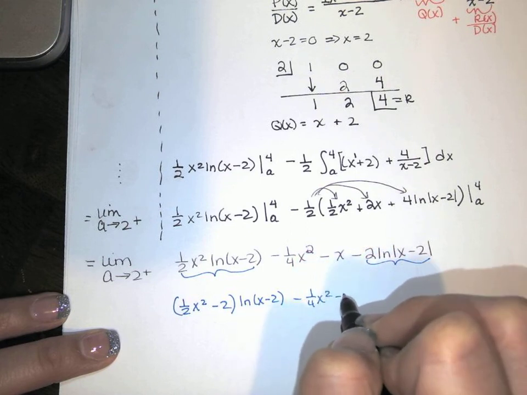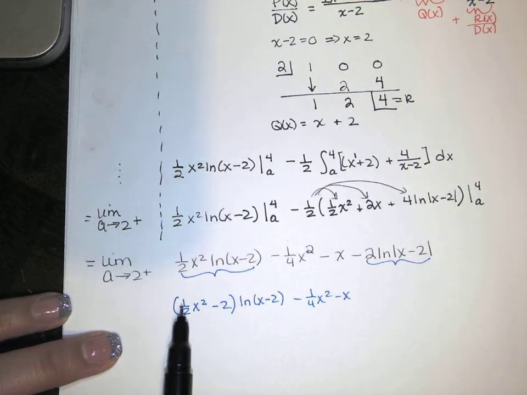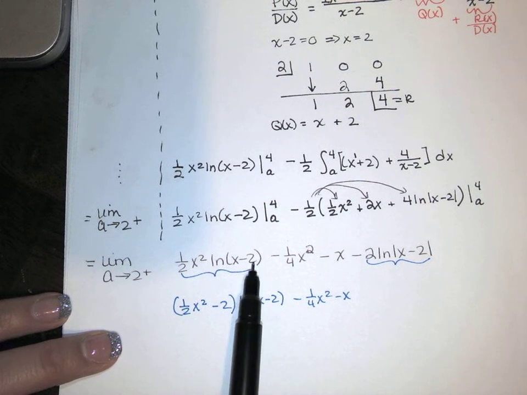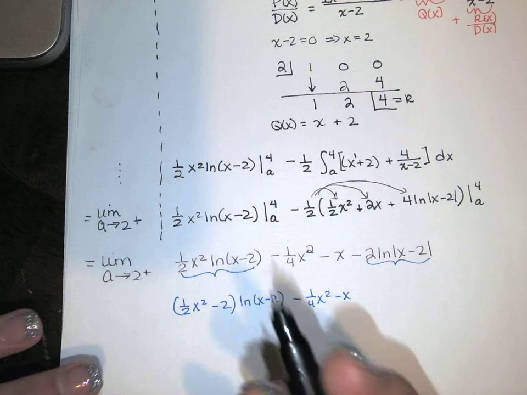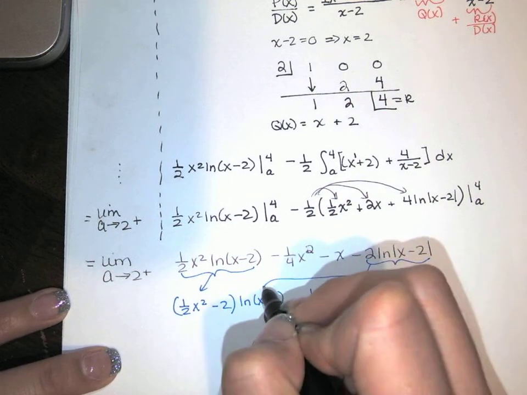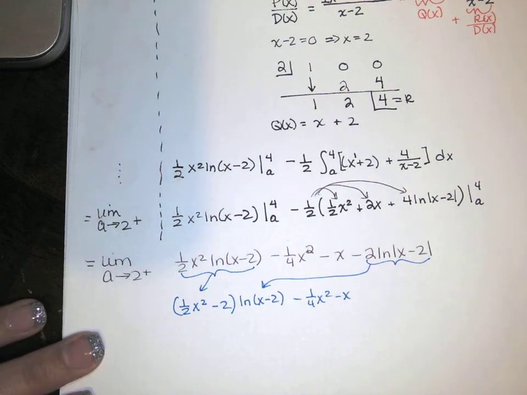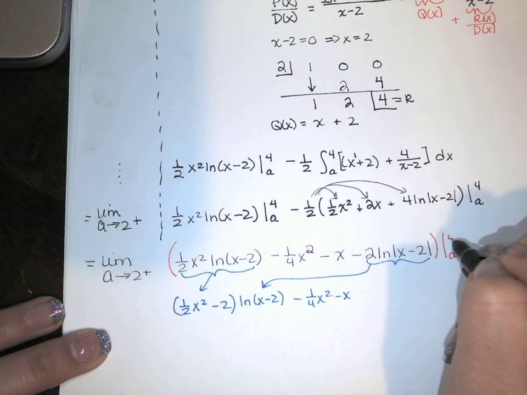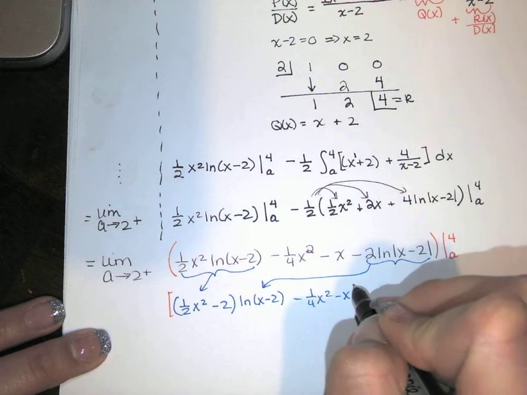Now check and make sure that you agree with that. If you take 1/2 x squared and multiply it by that, you get that. And if you take the negative 2 and multiply it by that, you get that term. So I'm just putting those two pieces together over here because it might make taking the limit at the end easier. Don't forget, we still have to plug in a and 4 and subtract, the fundamental theorem.